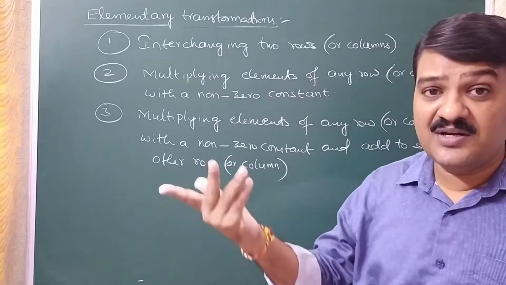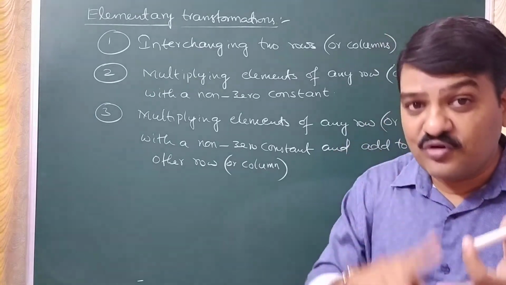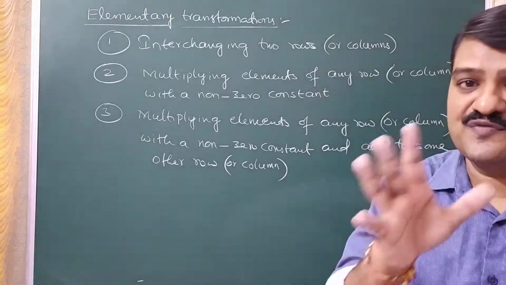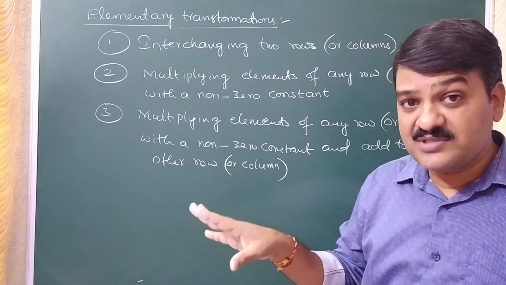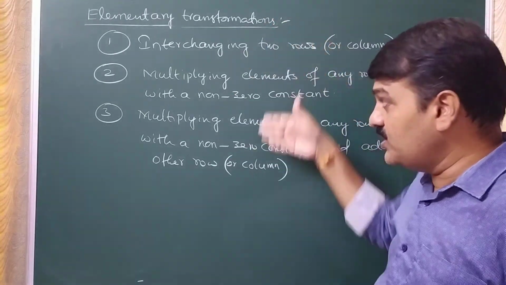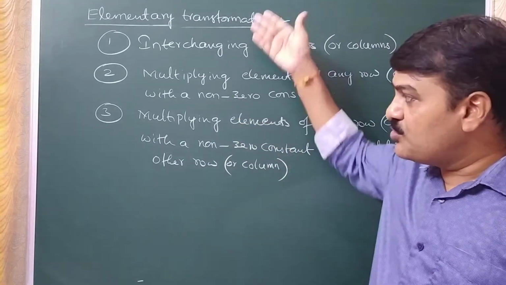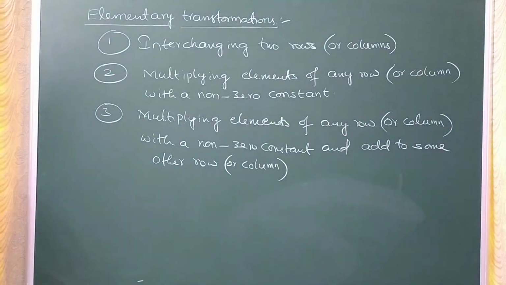For higher order matrices like 3 cross 3, 3 cross 4, 4 cross 4 matrices, these properties are very useful. Only these 3 you can use, we can't use any other things. Only these 3 elementary transformations.